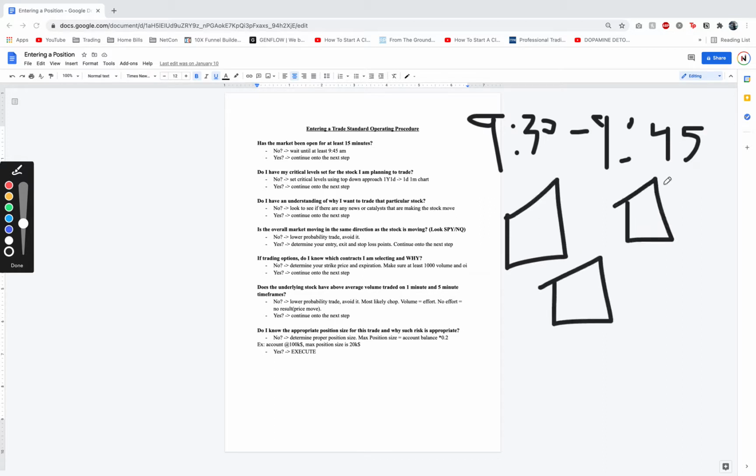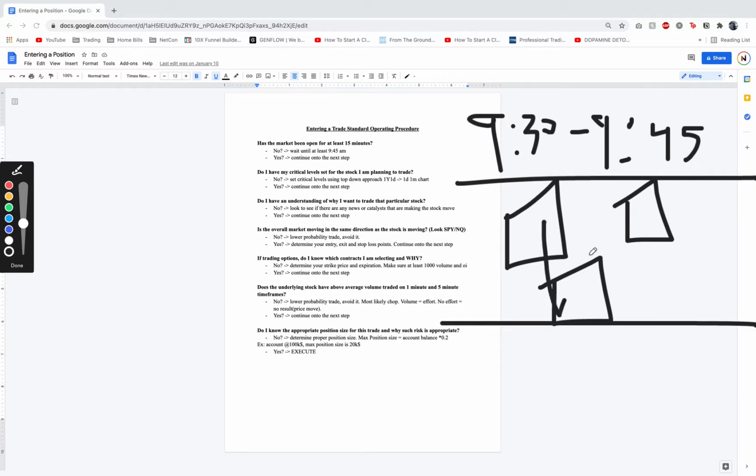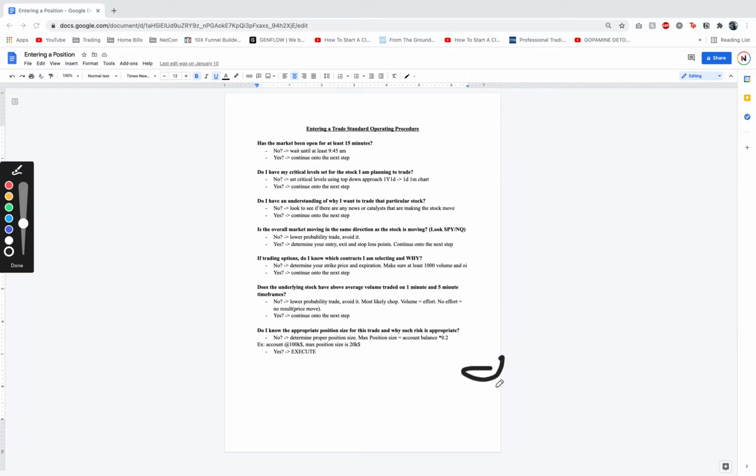That way I have clarity of where support is, where resistance is, and I can make certain trading decisions based off of that because I have previous information. If you're taking trades at 9:31, you don't really have any previous data to rely on to make high quality decisions for stocks that are either breaking out, breaking down, whatever it might be. So I like to wait the first 15 minutes to take on trades.